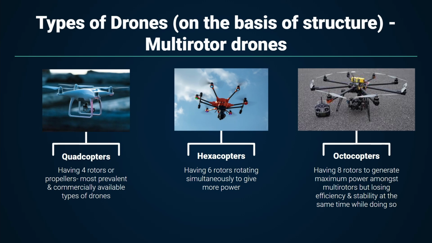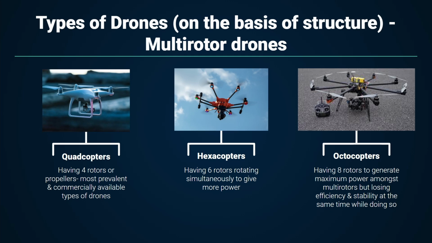So there are two primary drone platforms, rotor and fixed wing. Rotor drones can have 3, 4, 6, or even 8 rotors or propellers on the frame, while fixed wing drones more resemble airplanes. So the types of drones on the basis of structure. Multi-rotor drones. Quadcopters. They have 4 rotors and are the most prevalent and commercially available type of multi-rotor drones in general.